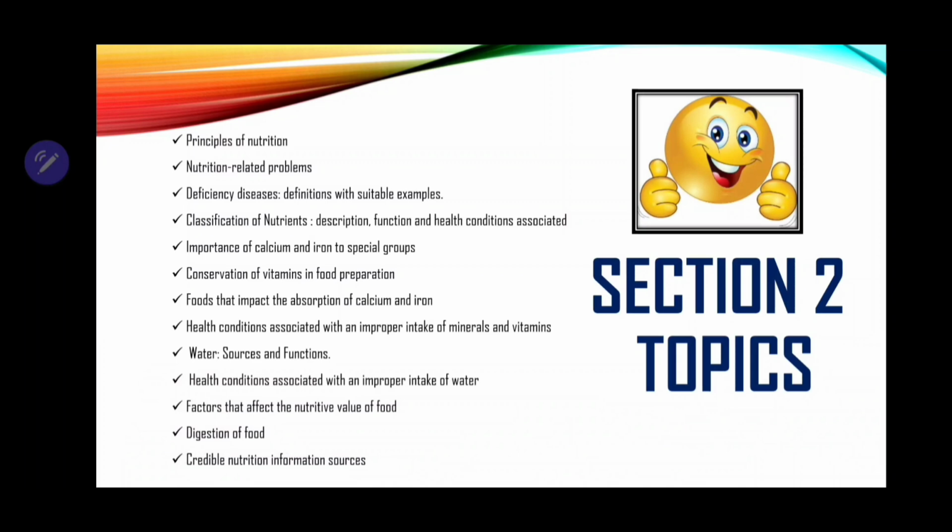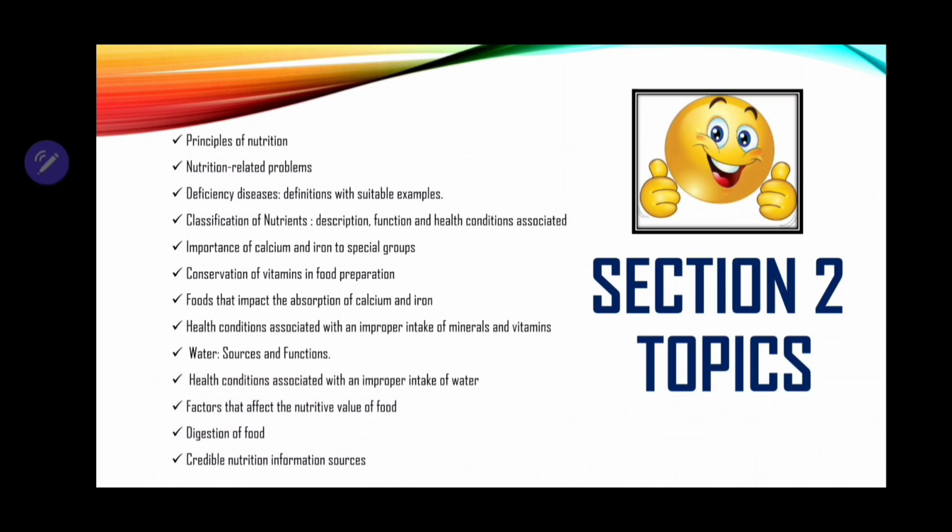You were required to know about deficiency diseases, their definitions, and suitable examples as it relates to classification of nutrients, their description, functions, and also health conditions associated with these nutrients, importance of calcium and iron to special groups, foods that impact the absorption of calcium and iron, where you look at those factors that inhibit the absorption or promote the absorption of calcium and iron.